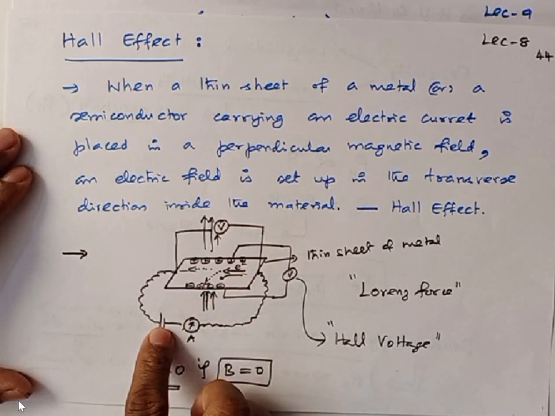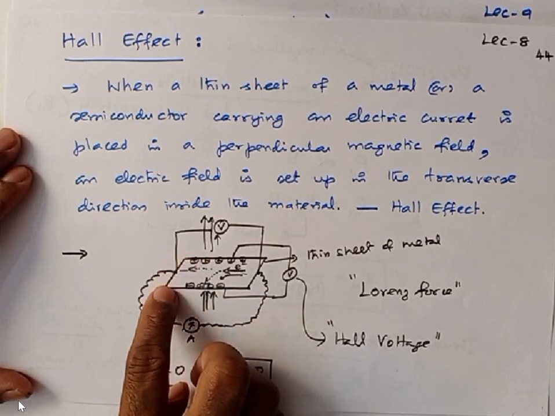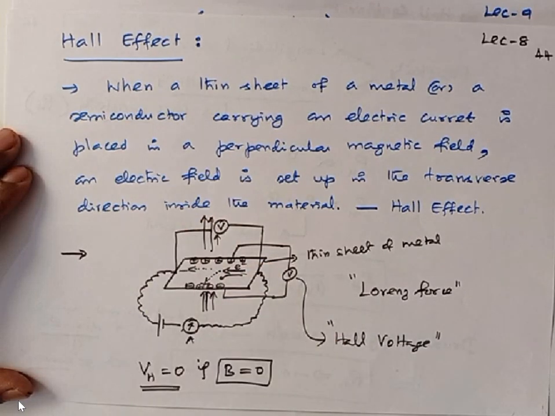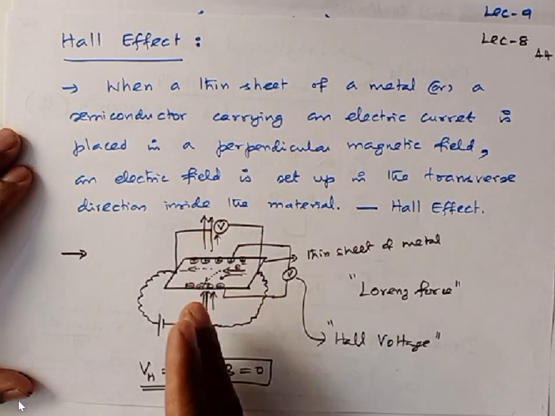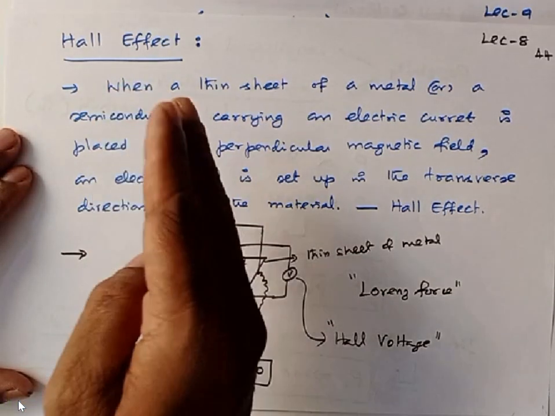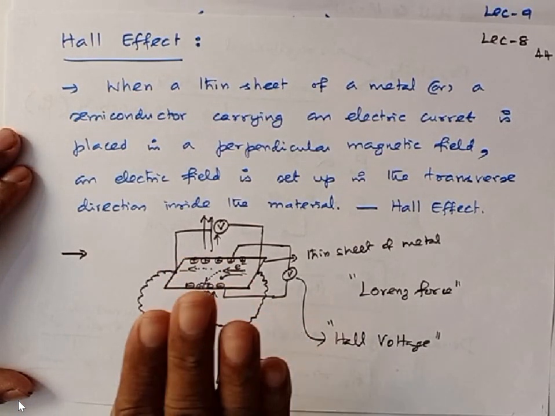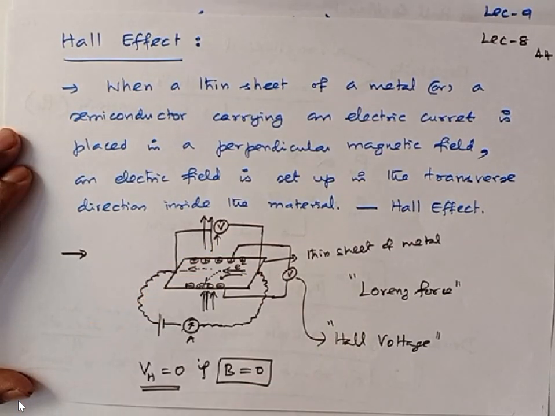switch on the battery, and at the same time you keep this plate in a perpendicular external magnetic field. So this arrow mark indicates the direction of the magnetic lines of force. So this plate is kept in a perpendicular magnetic field. When you do that, what will happen?